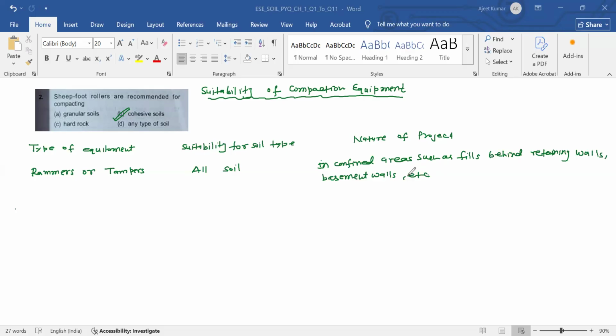Okay. Now the next equipment is smooth wheeled roller.